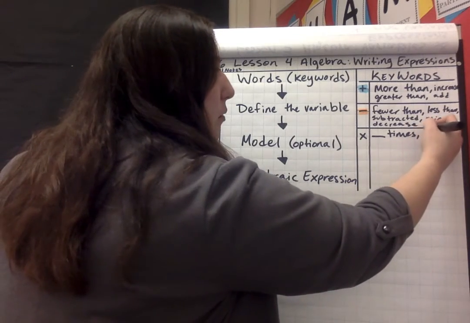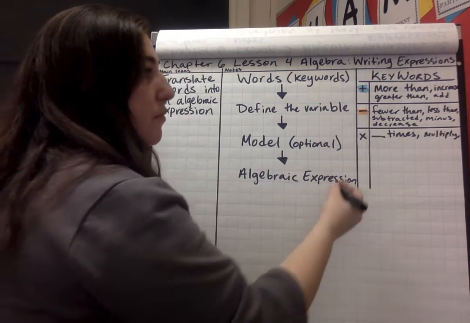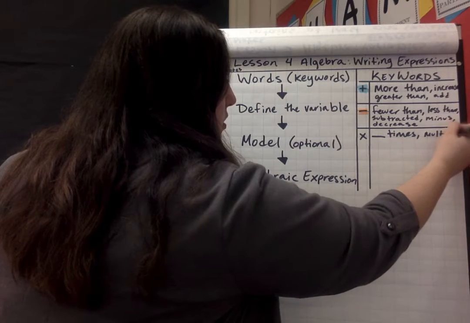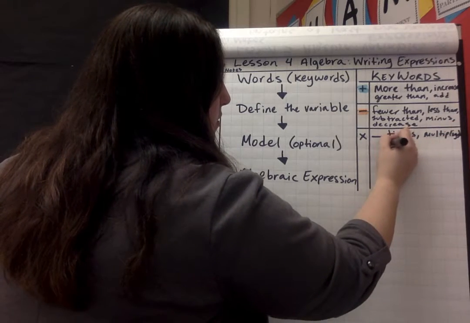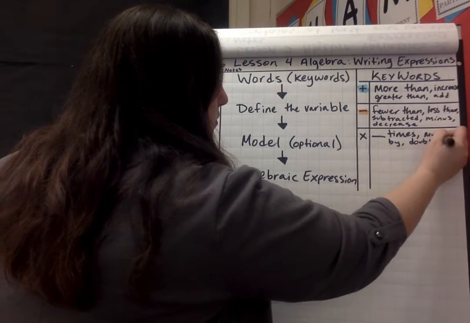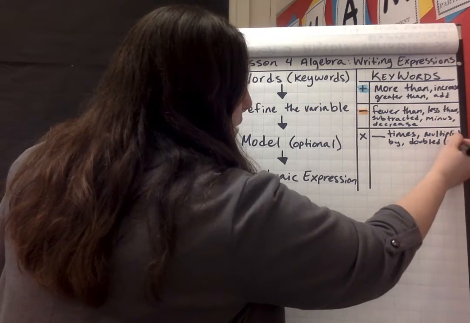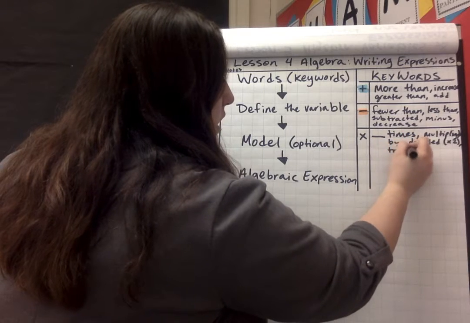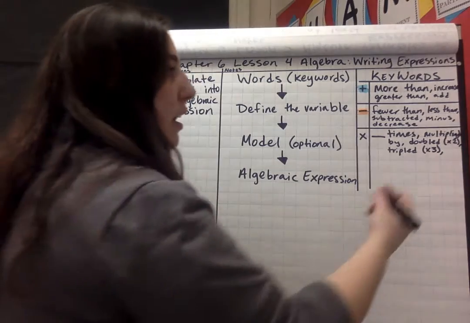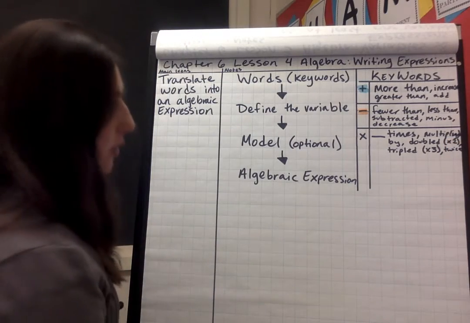You'll also hear multiply, multiplied by, and doubled. Doubled just means times 2. So in parentheses, I'm going to put times 2. Tripled. Tripled just means times 3. Okay, and twice. Twice also means times 2. Just another way to say doubled.